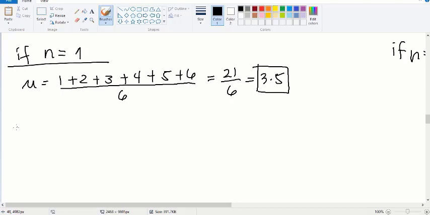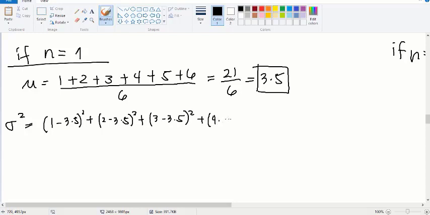So, how do we get the variance now? Okay, this one would be 1 minus 3.5 squared plus 2 minus 3.5 squared plus 3 minus 3.5 squared plus 4 minus 3.5 squared plus 5 minus 3.5 squared plus 6, ay sorry, minus pala, 6 minus 3.5 squared. Guys, I don't like this method because it's confusing.